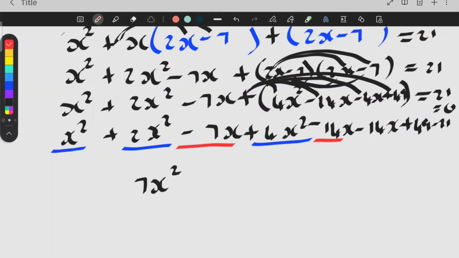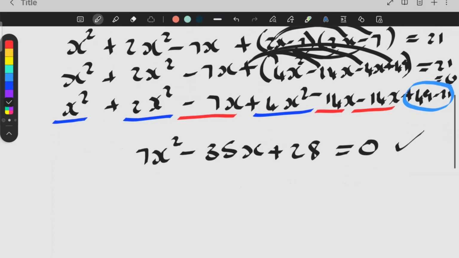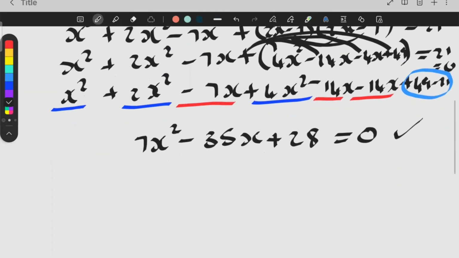Negative 7x, negative 14x, negative 14x, that's negative 35x. And then a positive 49 minus 21 gives me a positive 28 equals 0. So remember, we need standard form. Now, use your quadratic formula to solve for x.